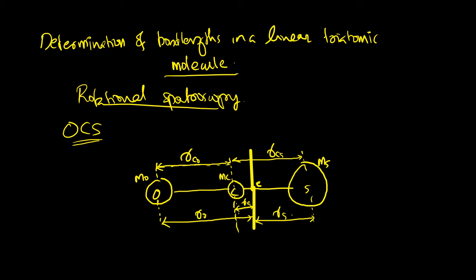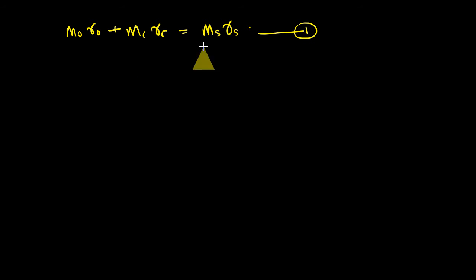Let me write it: MO RO plus MC RC equals MS RS. This is equation number 1. It defines the center of gravity, and any point satisfying this equation is the center of gravity.